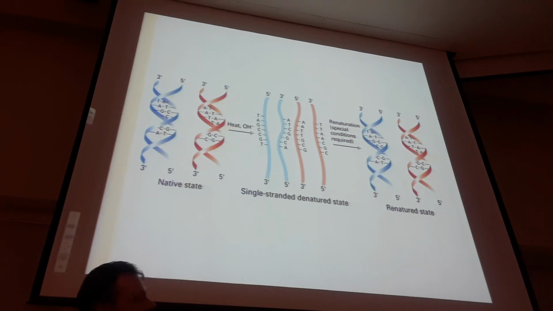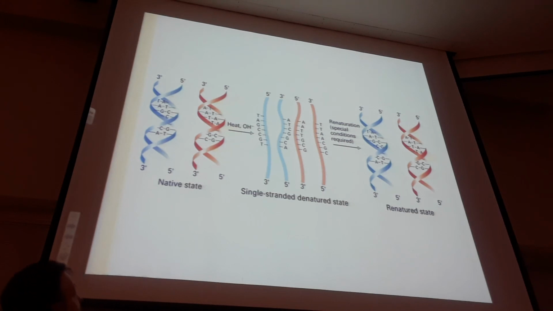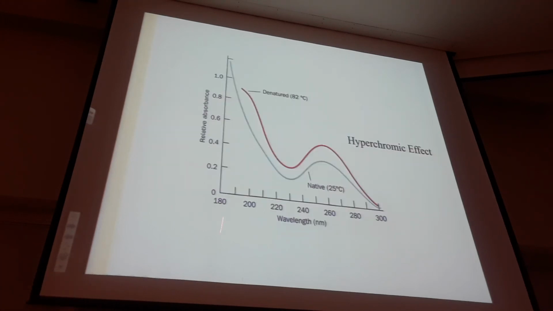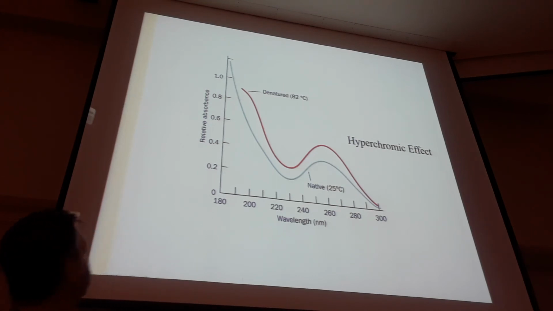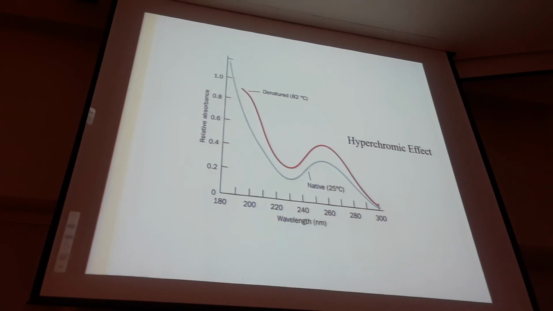If we look at the spectrum in the range here between 180 to 300 nanometers of a DNA sample, here in red the single-stranded denatured state, and here the other, gray, blue, whatever it is, in the native state, we see that over the whole range of wavelengths, the absorbance of the single-stranded molecules is higher, while overall the shape of these curves, the spectra of these molecules, are pretty much the same.